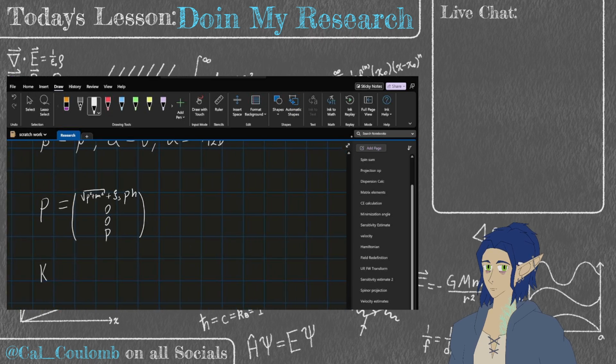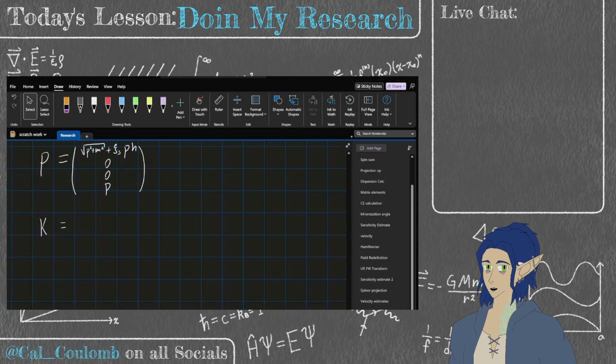For the K's, it's a little bit more complicated. But we can say it's going to be omega 0, because what we're looking for is going to be the outgoing one, and I'll just call that omega. For this one, it's just going to be 1.